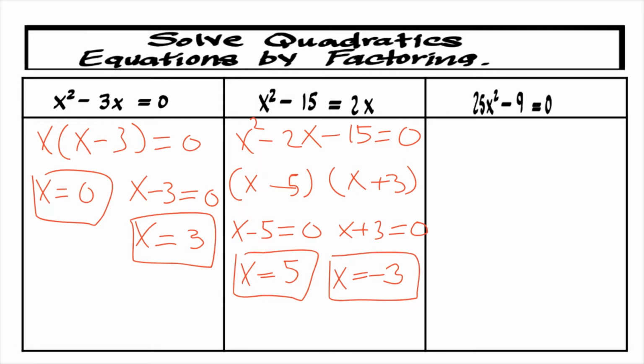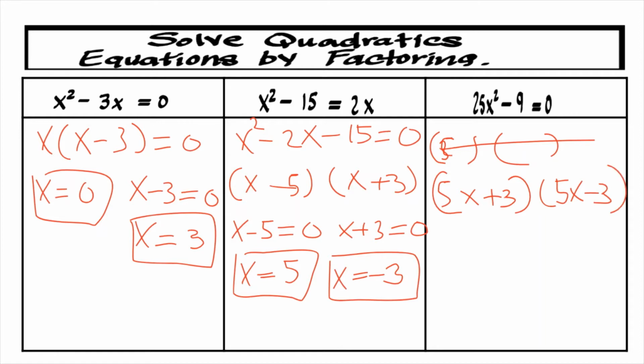In the third problem, I look to see if I can take any greatest common factor out. It doesn't appear that I have any common factors. It looks like I have the difference of squares. So I want to factor my two binomials. So I get 5x plus 3, 5x minus 3.